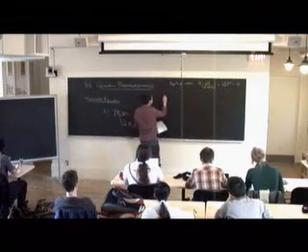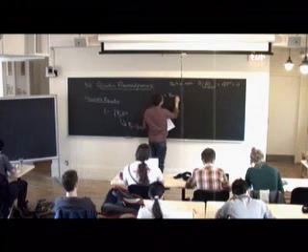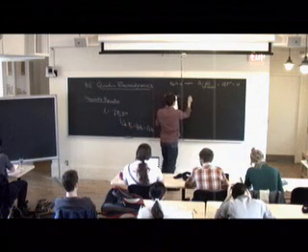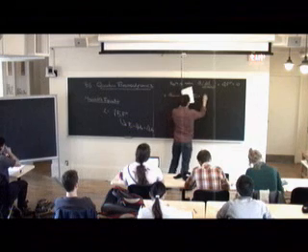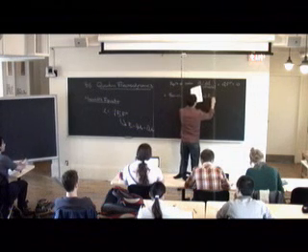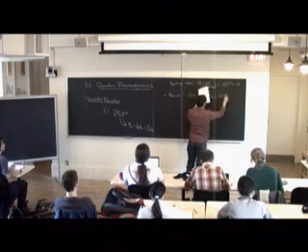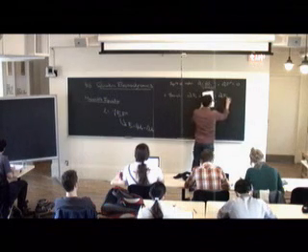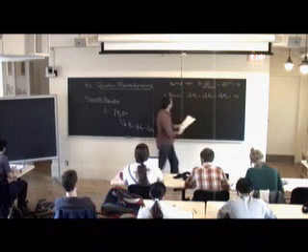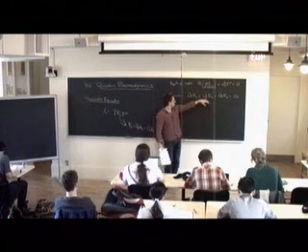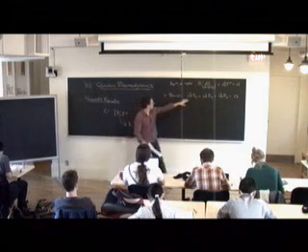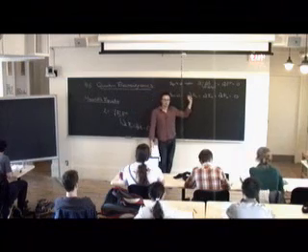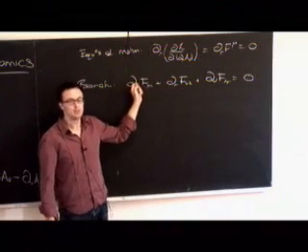Of course, we should add to this the Bianchi identity. This is an identity that just follows by plugging this definition of F into here and noticing that derivatives commute with each other. So d mu d nu is the same as d nu d mu. Okay?